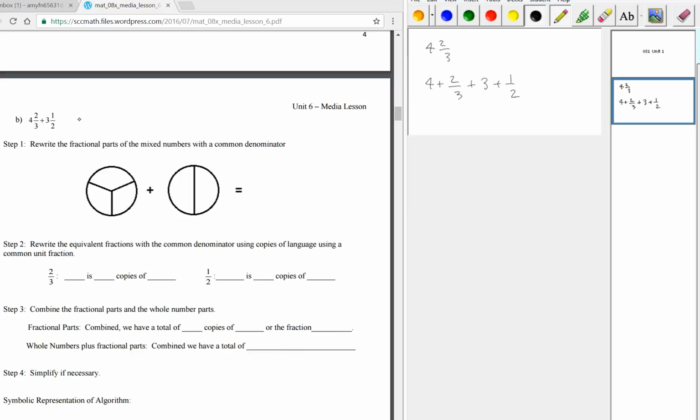And then here we want to use the idea that, due to commutativity, they can add the whole numbers. They can add the fractional parts separately, so this would be 4/6 and 3/6, so it's 7/6. Okay. And then rewriting this as a mixed number and combining. Sorry, that looks like a plus or minus.